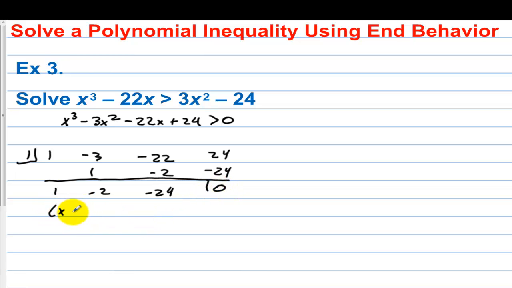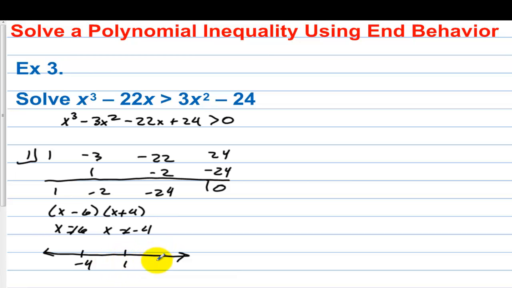Now we have x minus 1, and I need x minus 6 and x plus 4, and that factors this quadratic here. So we have x equals 6, x equals negative 4, but we don't have equal to with this. There's no equal to. So we're actually not going to be able to include these values, but these are the zeros, so the function can change signs over the zeros. So we have negative 4, we have 1, and we have 6.